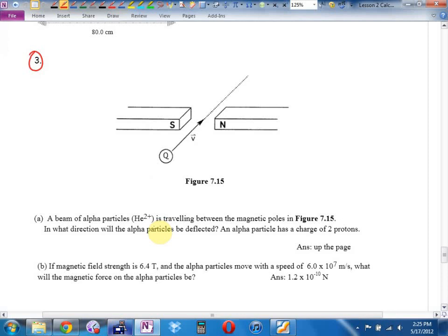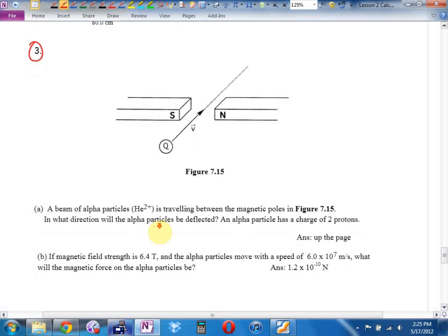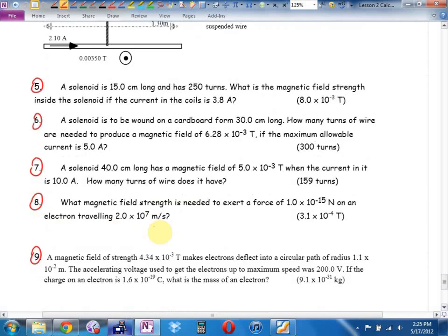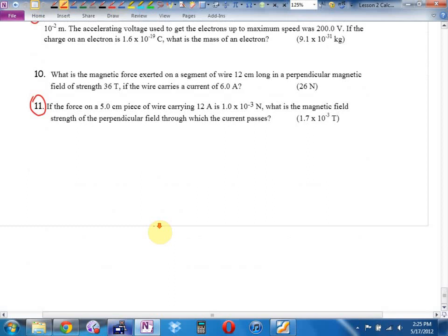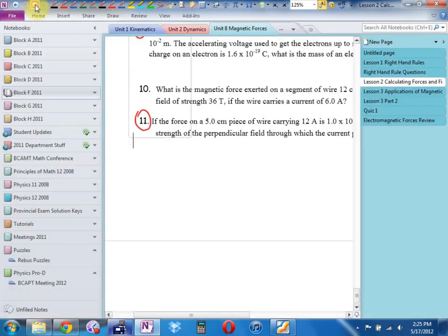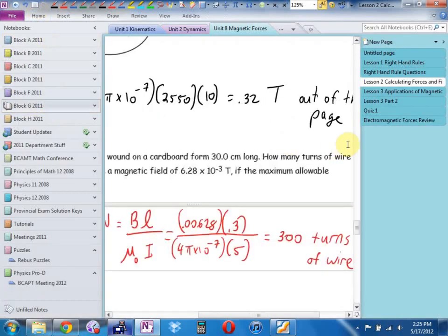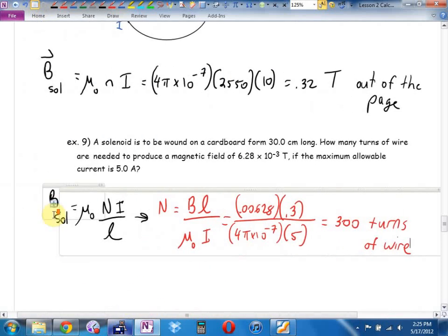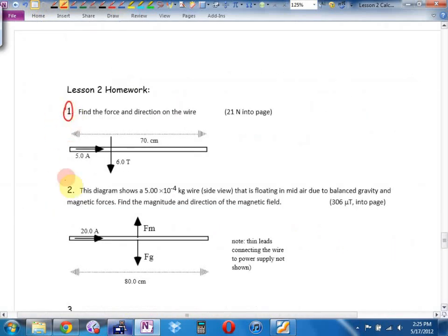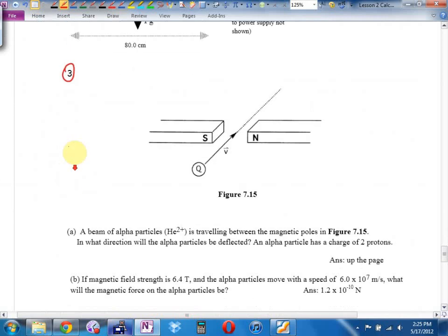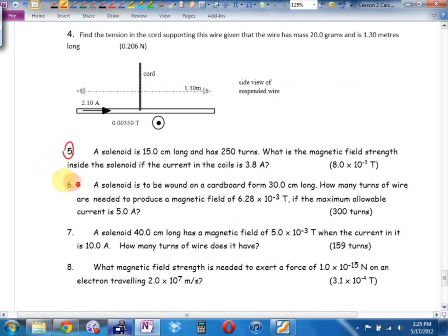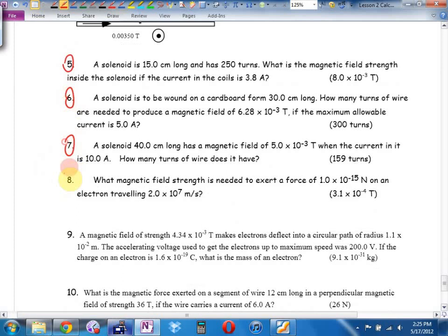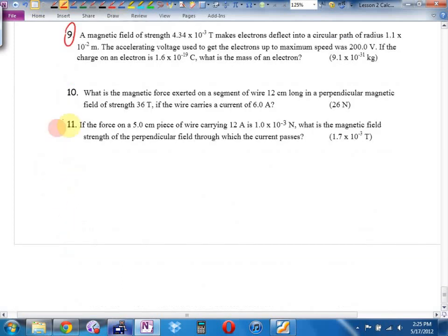What's the charge? 2 protons. So use 2 protons. So 1, 2, 3, 5, 6, 7, 8, 9, 11.